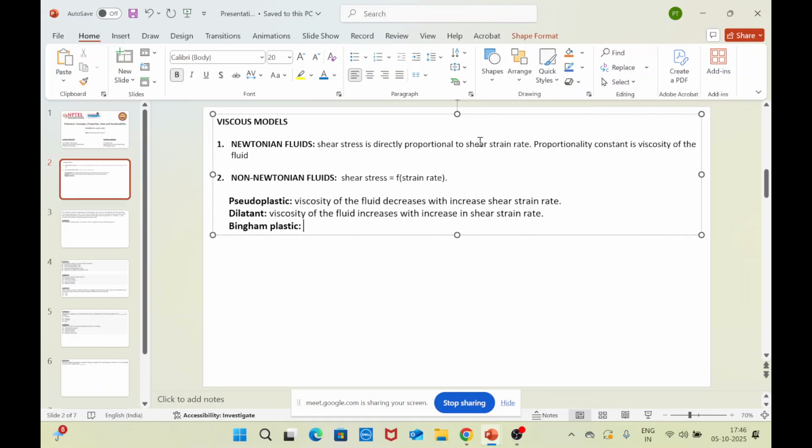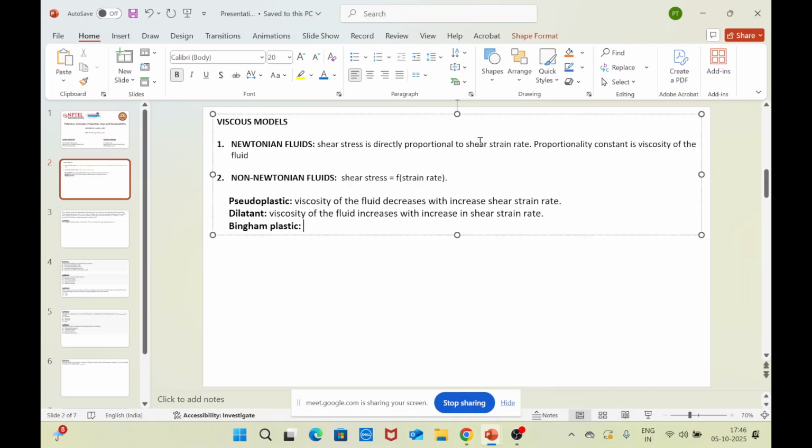Bingham plastics are those kinds of fluids which exhibit flow behavior only after a certain stress called the yield stress. Any value of stress that you apply which lies below this yield stress, there will be no flow.